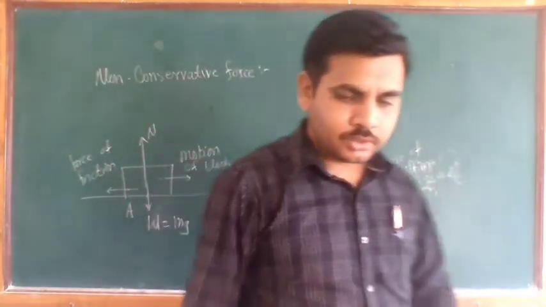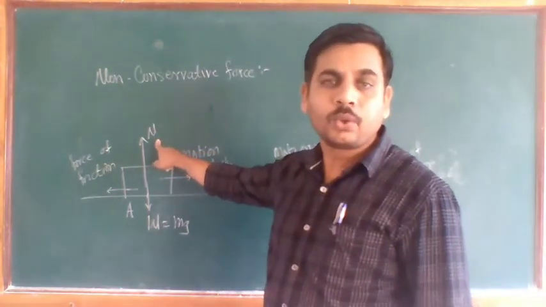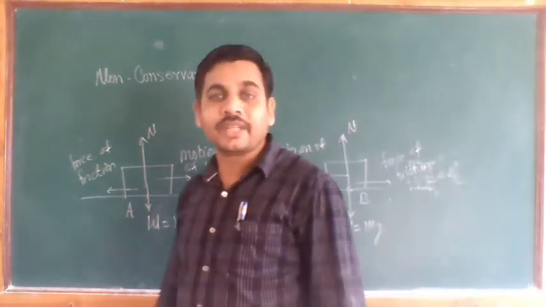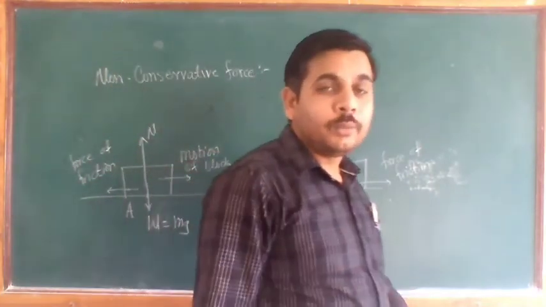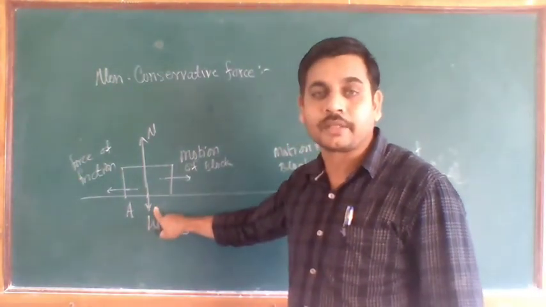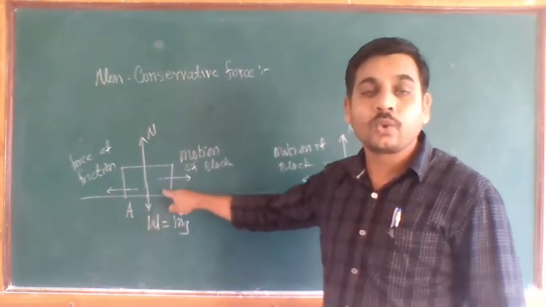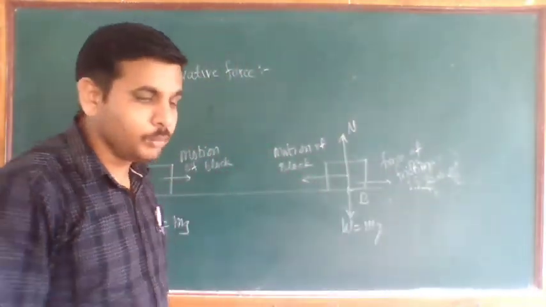Now you know that this is your normal force, this is your gravitational force. You are considering the coefficient of friction between this block and this rough surface, which is nothing but mu.